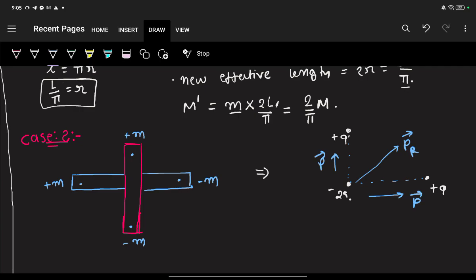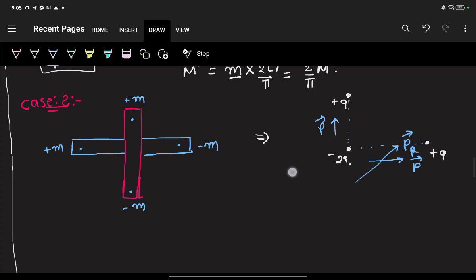So similarly, here in this case, the first magnetic moment is in the upward direction. Always remember the direction of magnetic moment: it is from minus m to plus m, similar to the electric dipole moment. And here it is in this direction.